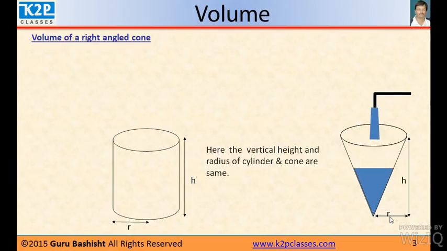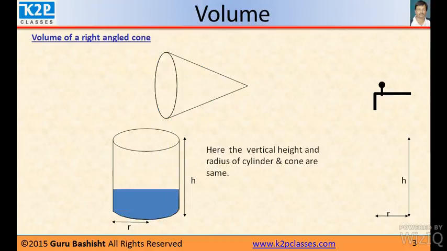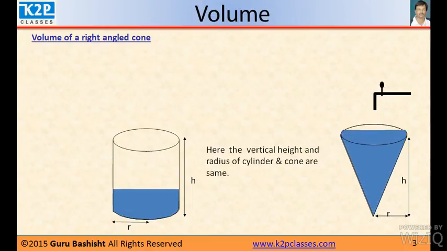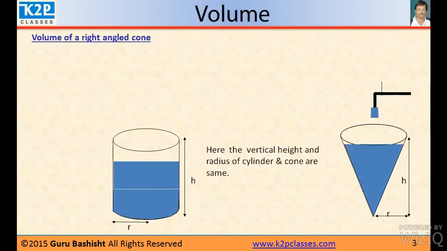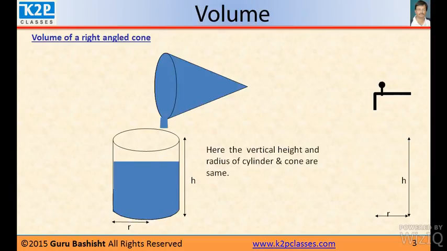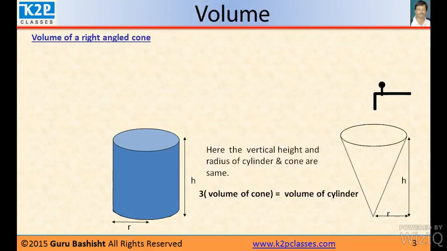We will see that it requires three full of water of the cone to fill the cylinder, and this shows that volume of the cone must be 1/3 of the volume of the cylinder, or 3 into volume of the cone equal to volume of the cylinder.